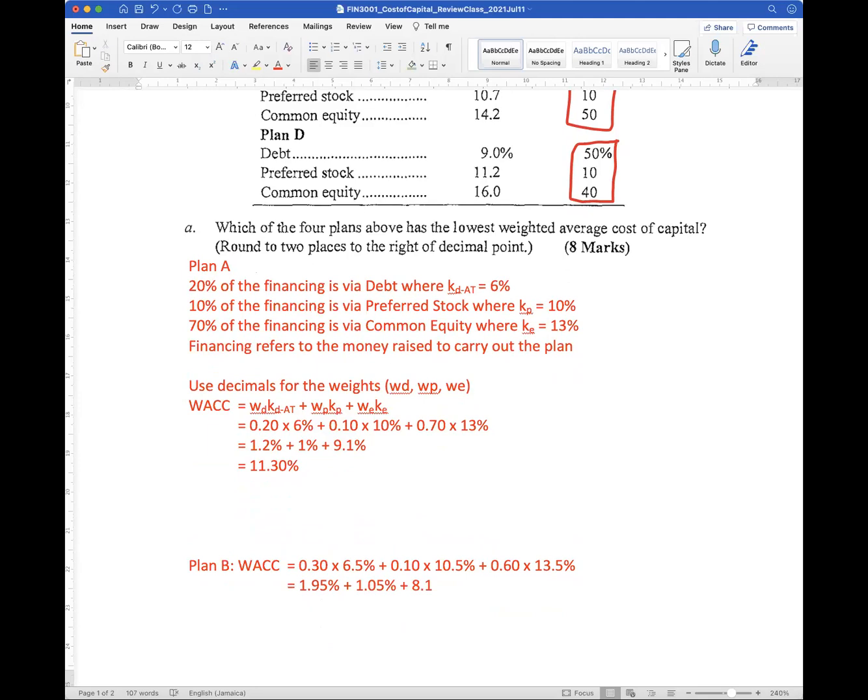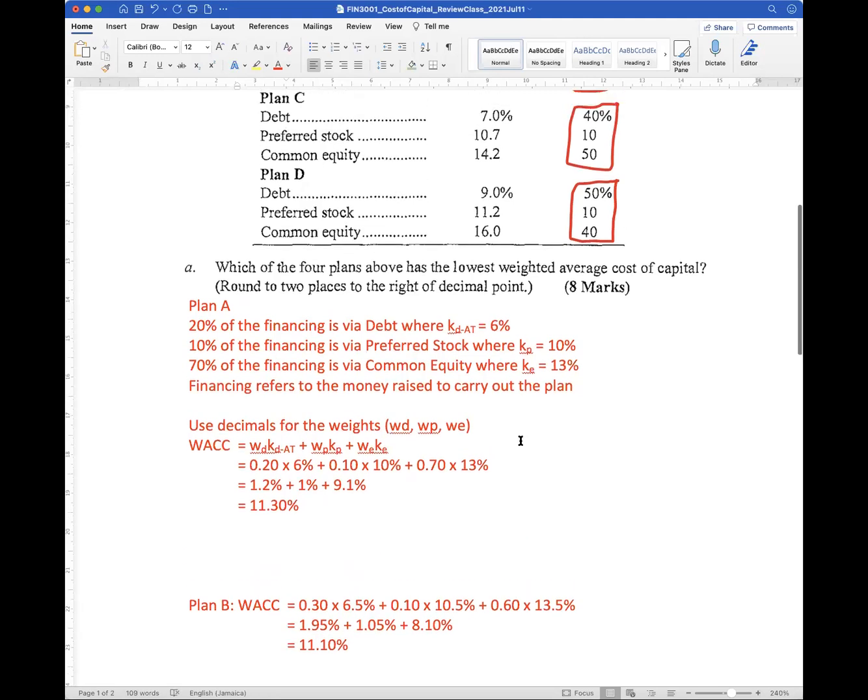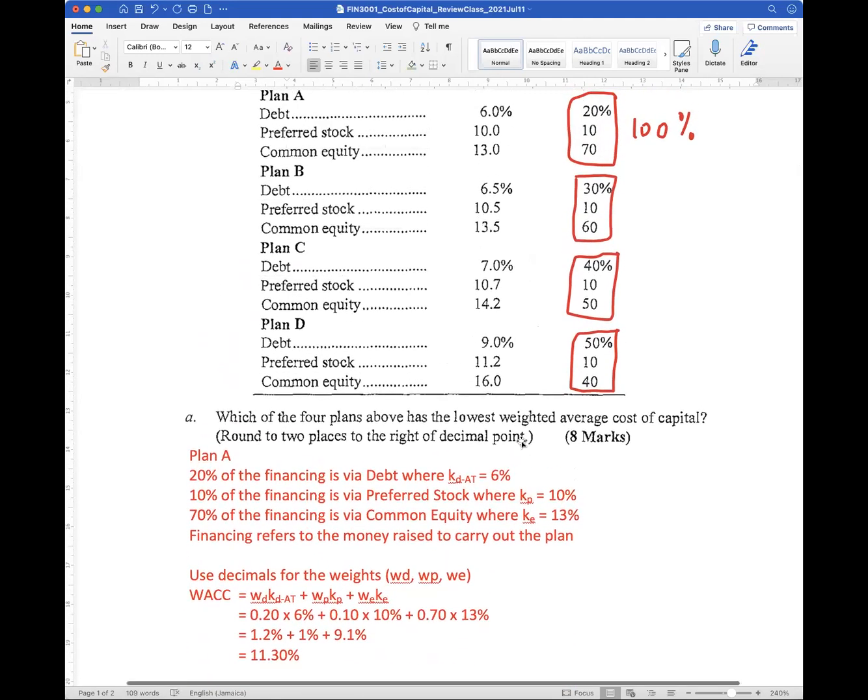Remember, I want 2 decimals, so 8.10. Oh, no difference. All right, cool. So when we add these up, we get 11.10. All right, cool. Let me just bring down these figures so that we have them right before us.